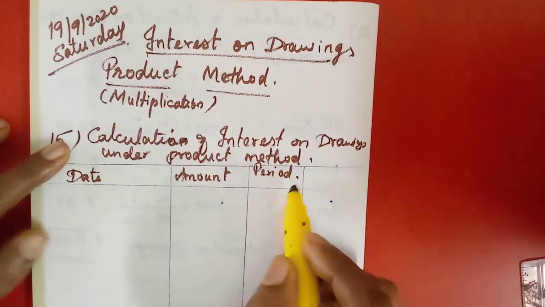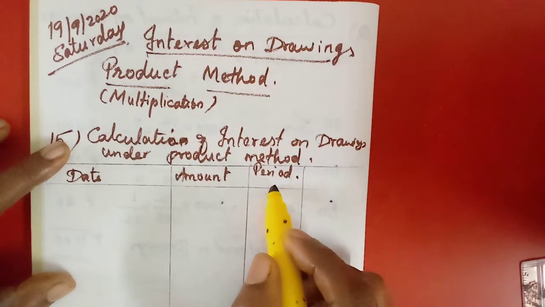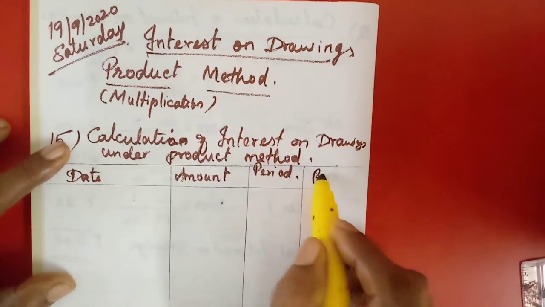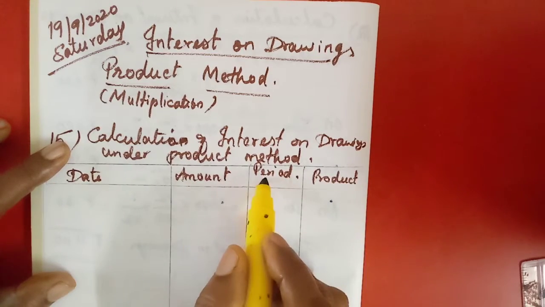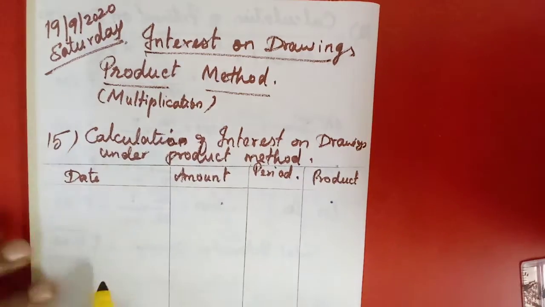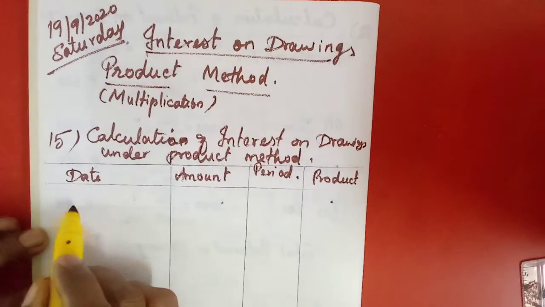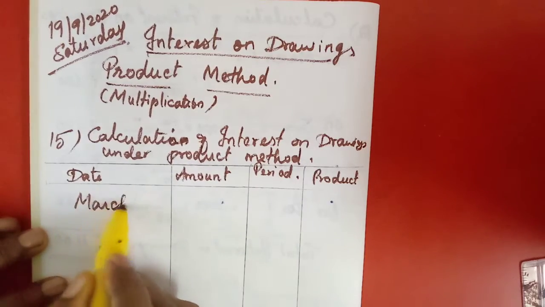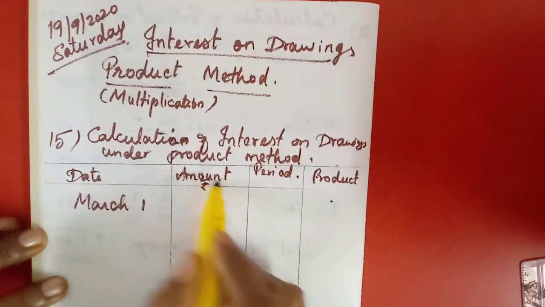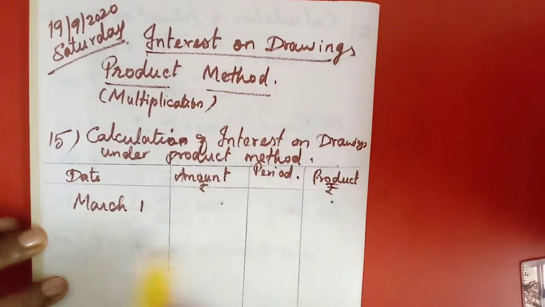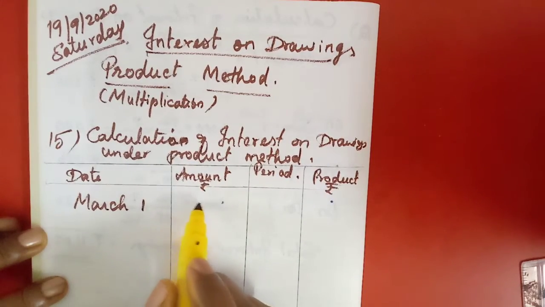This is needed to calculate the number of months. Then the product, which means this amount multiplied by the number of months. The first date when he is withdrawing is March 1. The amount is rupees 6,000.